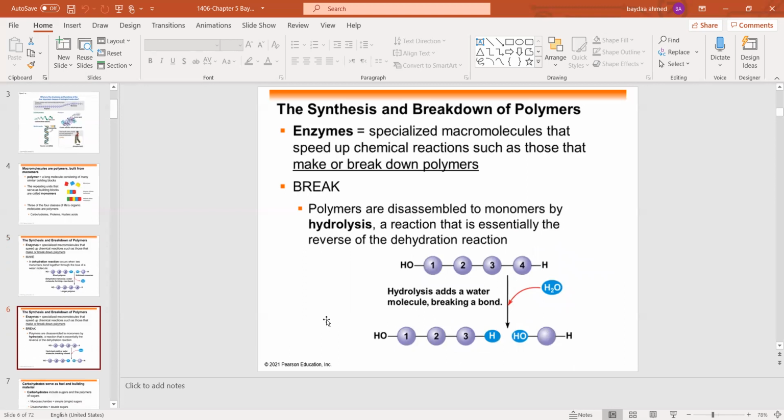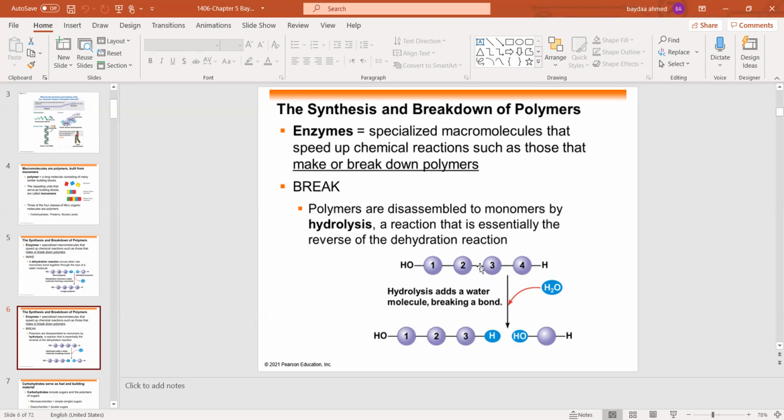Polymers are disassembled to monomers by hydrolysis. This is a process that is essentially the reverse of the dehydration reaction. Hydro means water, lysis means breaking. So hydrolysis means water breakage.